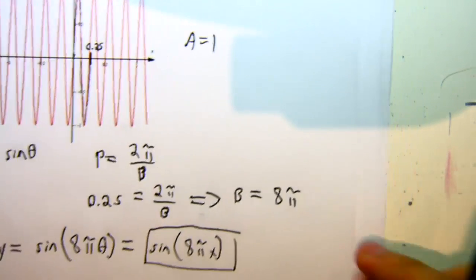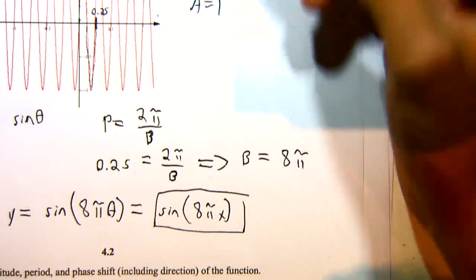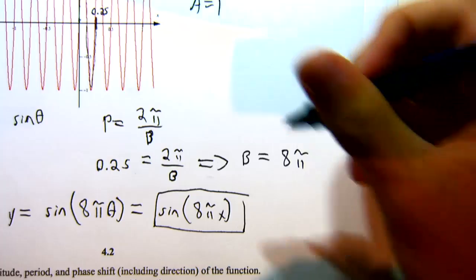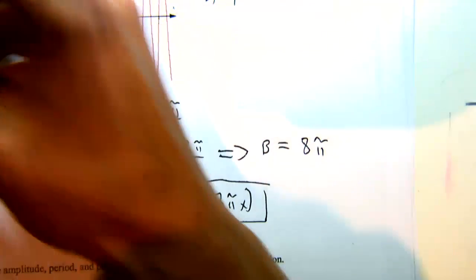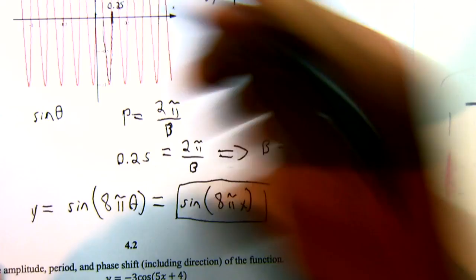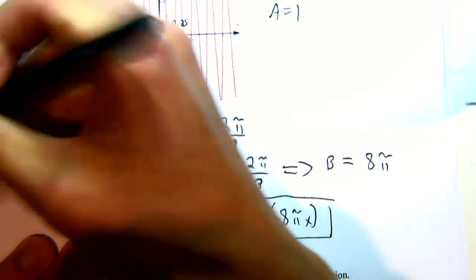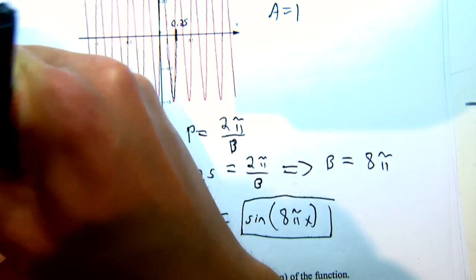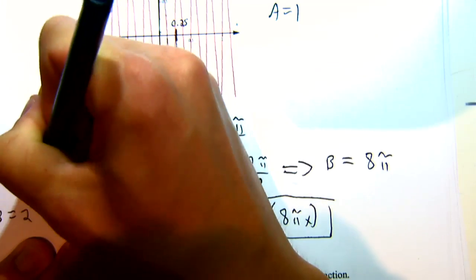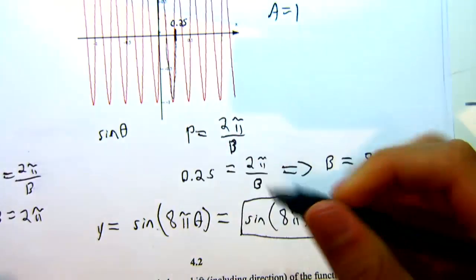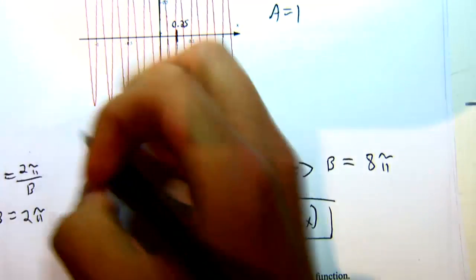Eight pi? Oh yes, okay, so what I did is essentially, 0.25 is equal to 2 pi over b, and then you have 0.25b equal to 2 pi, and then I just divided by 0.25.